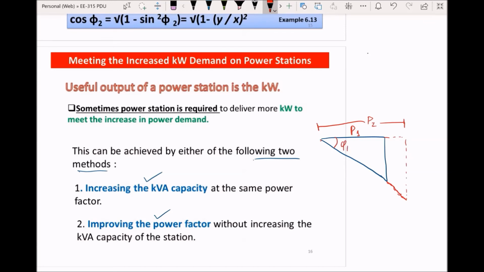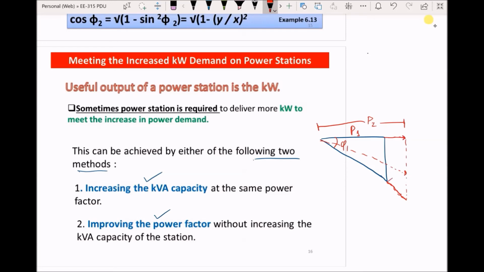But the second method is that we can improve the power factor. In that case, it will intersect this increased load diagram at this point.